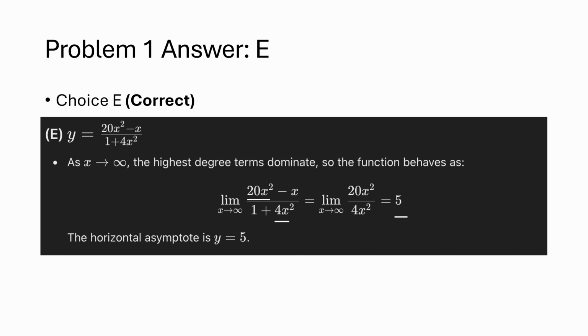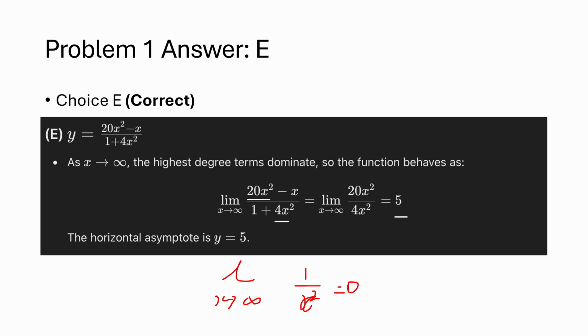So basically, if the degree of the numerator is less than the degree of the denominator, for example 1 over x or 1 over x squared, then the limit as x goes to infinity will always be 0, no matter what.